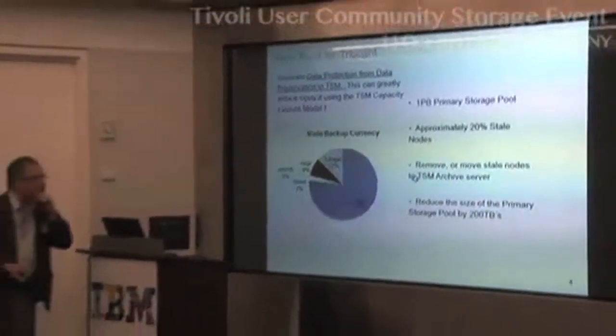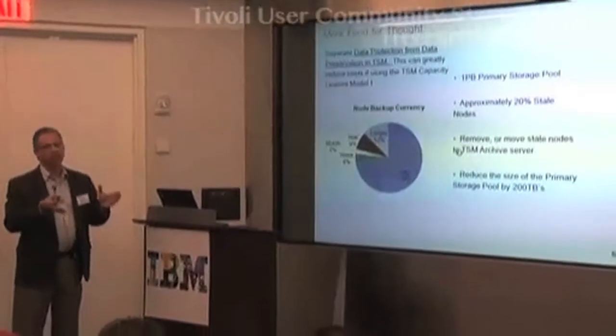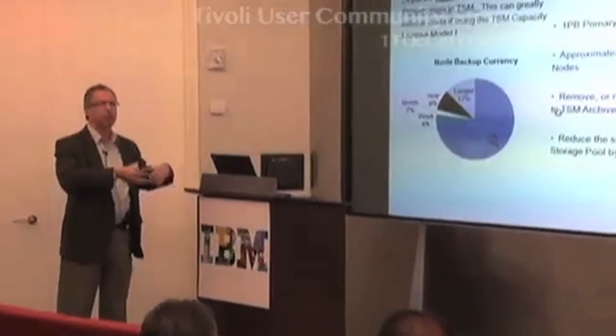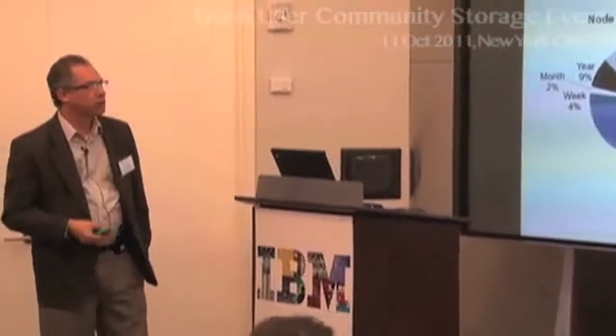So one of the things we've been talking about is implementing a dedicated archiving server that would not be counted as part of this primary pool capacity. We used to recommend a separate archiving server with TSM version 5 because if you had a lot of archive data, it meant you were tracking a lot of files and your database would grow and get very large, and it would impact your ability to run everything, right?